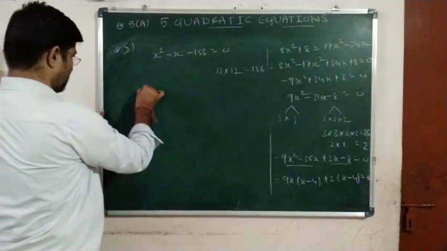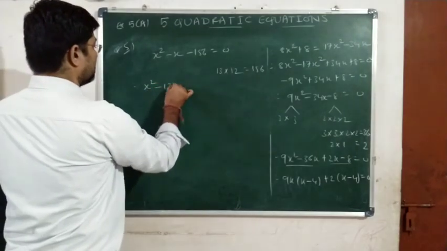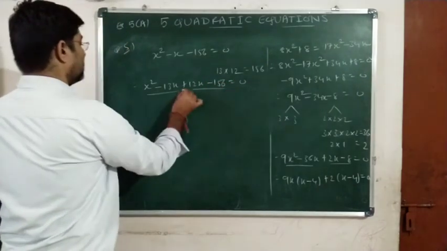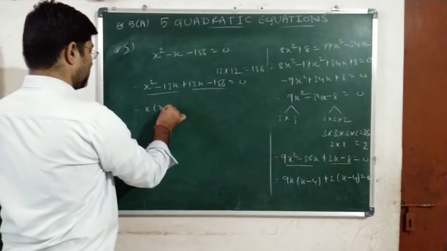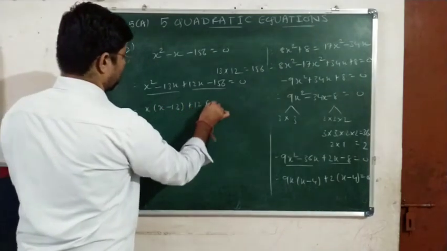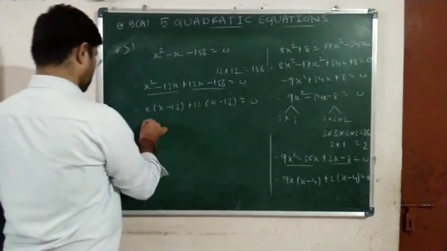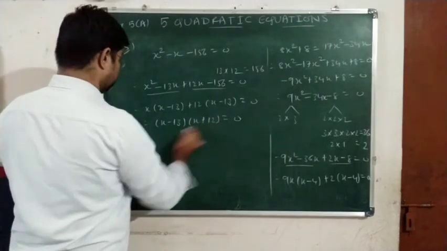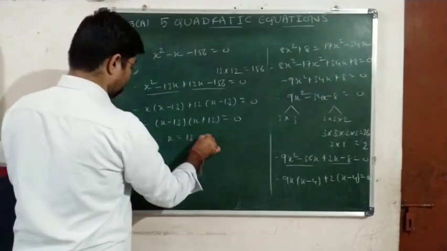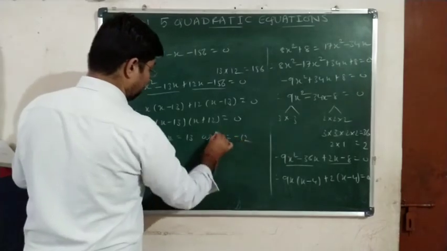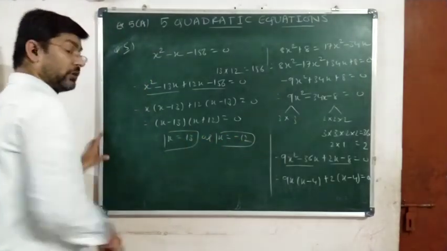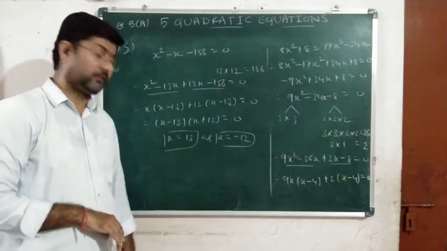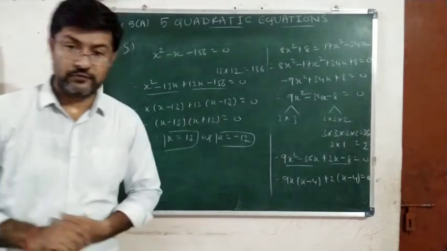Okay, so we are going to write this like this: x square minus 13x plus 12x minus 156. Okay, therefore taking common x, x minus 13 plus 12, and therefore x minus 13, and therefore x is equal to 13 or x is equal to minus 12. So this is the correct answer. If not corrected yet, please do this correction. Question number 5 of exercise 5A. Clear? Take care. Thank you very much.